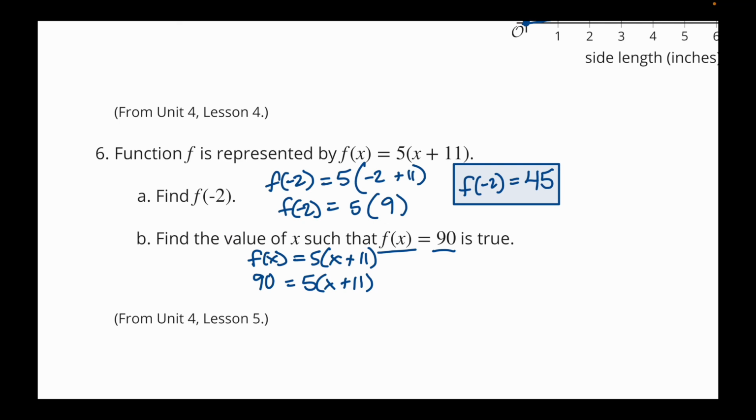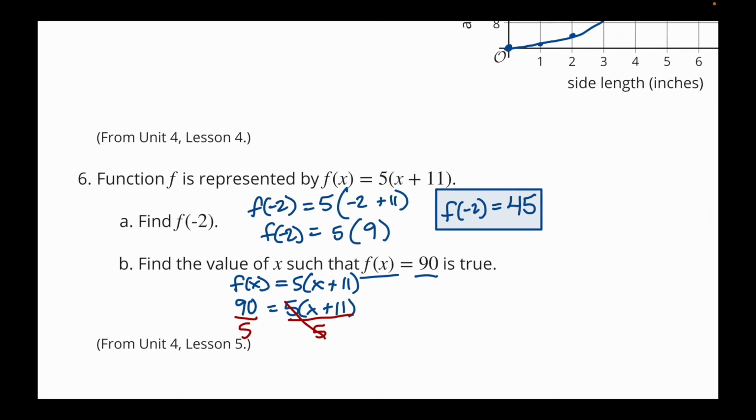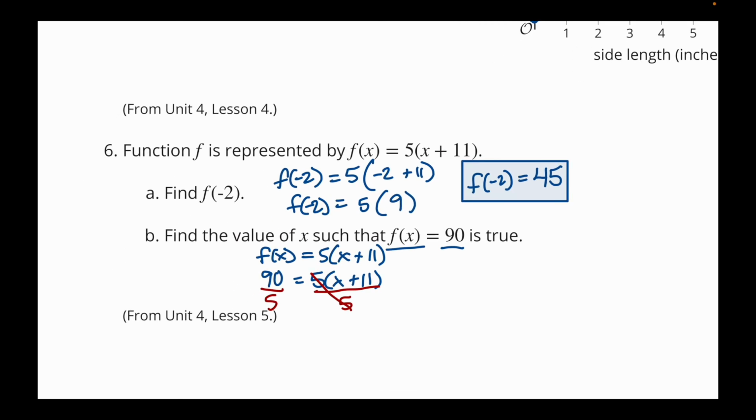I would rather divide both sides by 5 because then it's a little easier. And this gives us 18. So 90 divided by 5 is 18. And then we would have 18 is equal to x plus 11. So we would subtract 11 from both sides. And that leaves us with x equal to 7. So that is our answer.